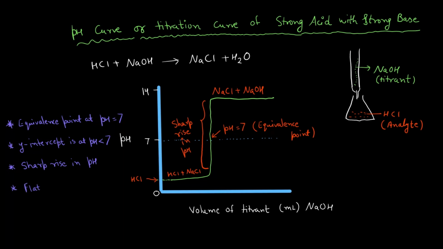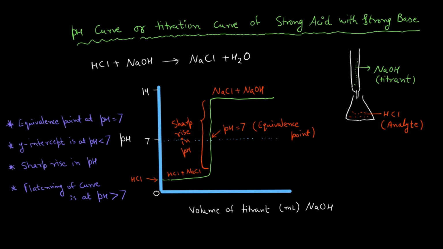The flattening of the curve is at pH greater than 7. So these are some of the salient features of the titration curve of a strong acid with a strong base.